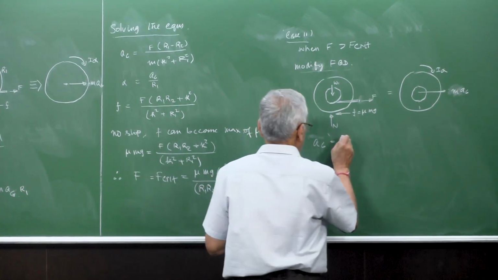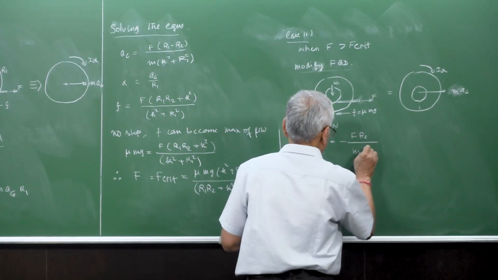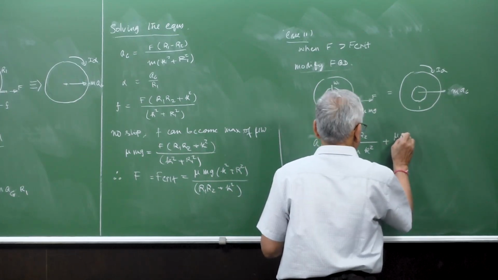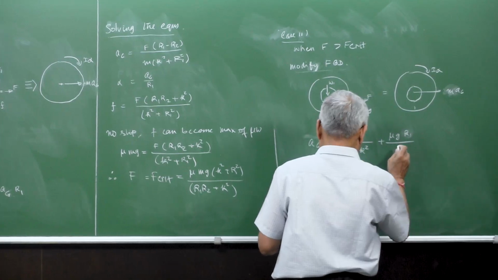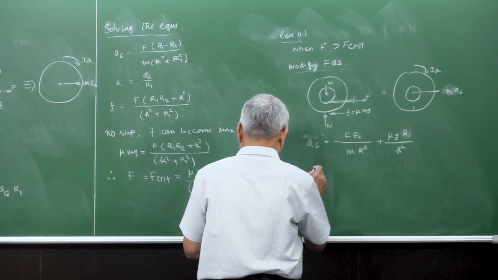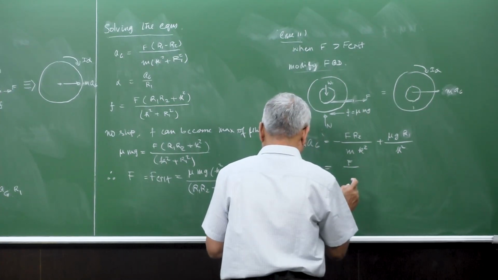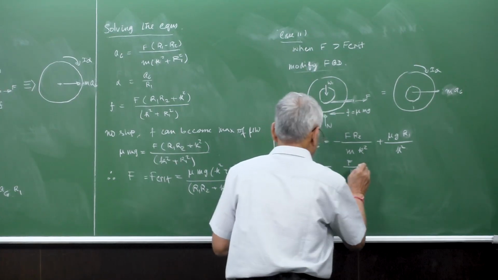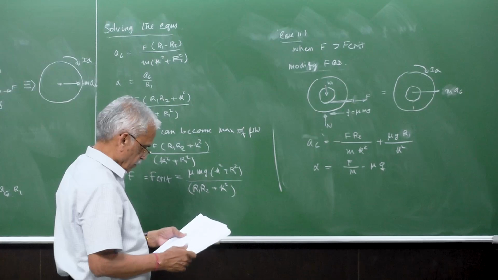Ag will be minus F into R2, m k square. Okay, so that's what we get for these things.